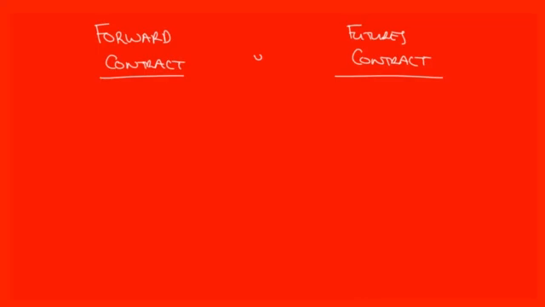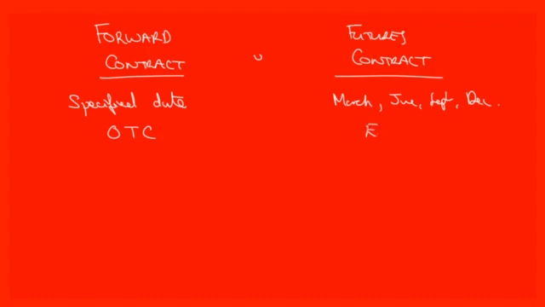Okay, what I thought I'd do here is just try and compare these two, a forward contract and a futures contract. So a forward contract is at a specified date, and you specify the date. Futures contracts aren't. Futures contracts are March, June, September, December. They're over the counter, so you have a personal dealing with whoever it is you're creating this forward contract with, whereas futures contracts are on the big exchanges.